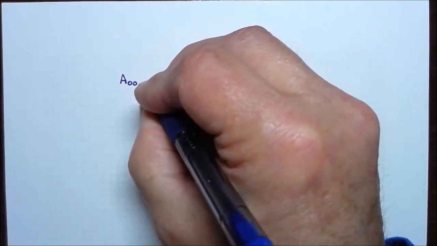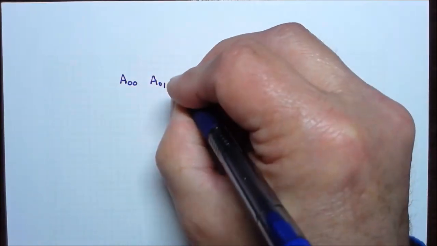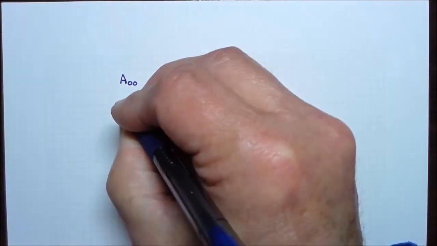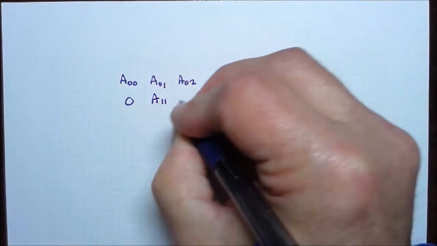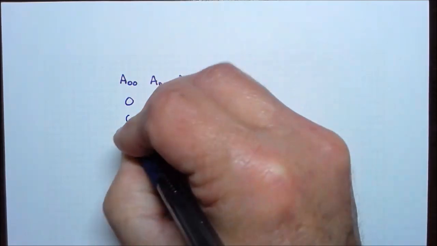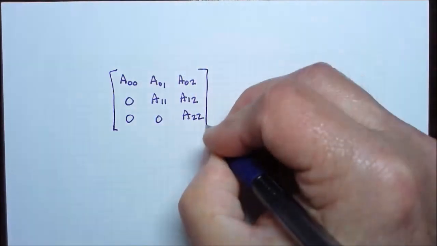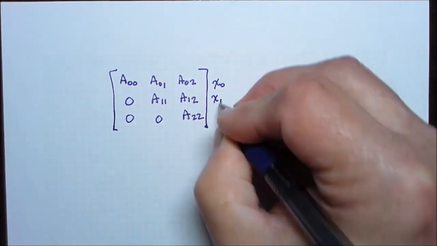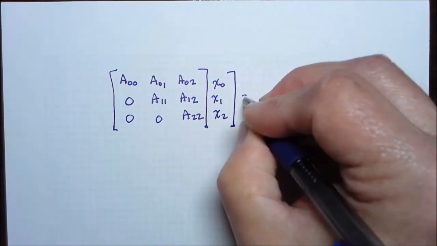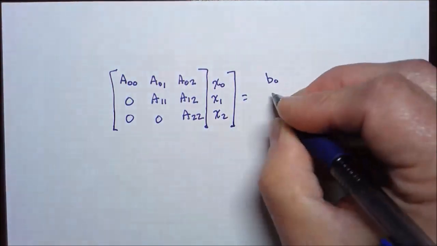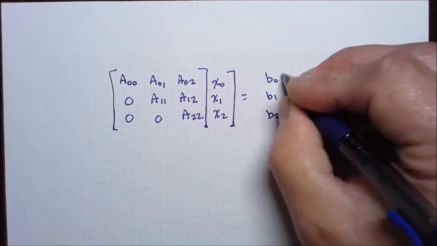For this set of equations, at the end of our manipulations, we have a square matrix with A00, A01, A02, and then we have a 0, and then A11, A12, and then a 0, 0, A22. That multiplies x0, x1, x2, and that's equal to B0, B1, B2.